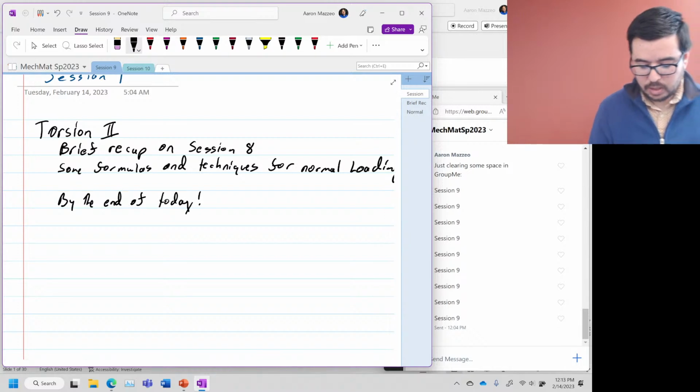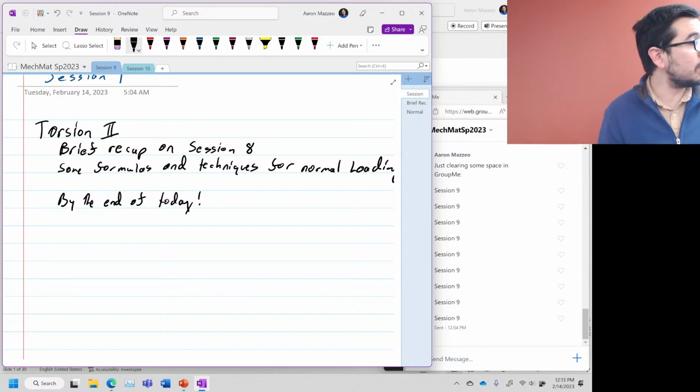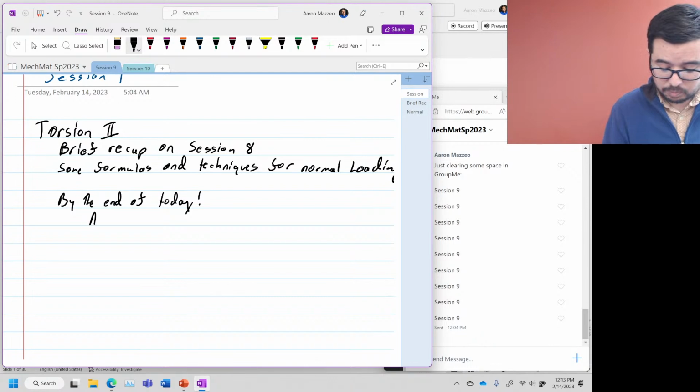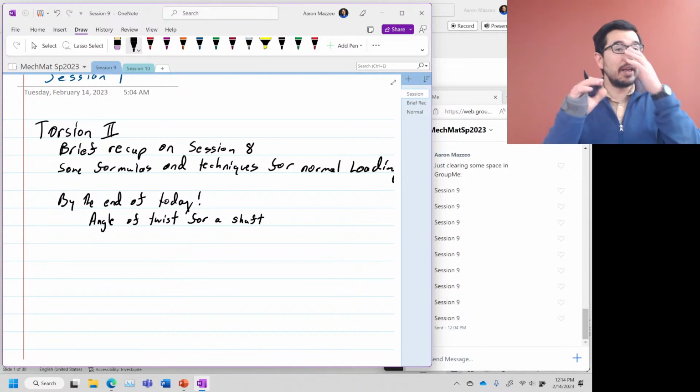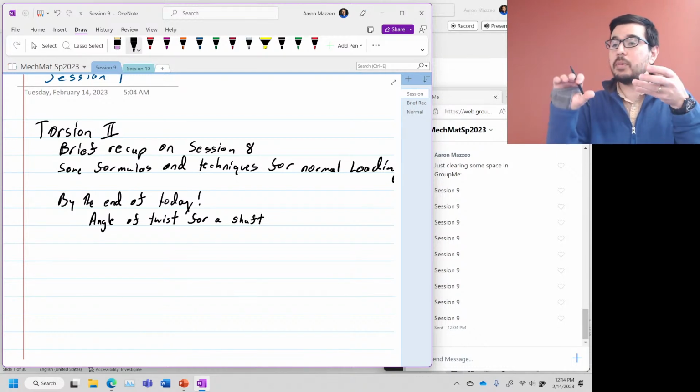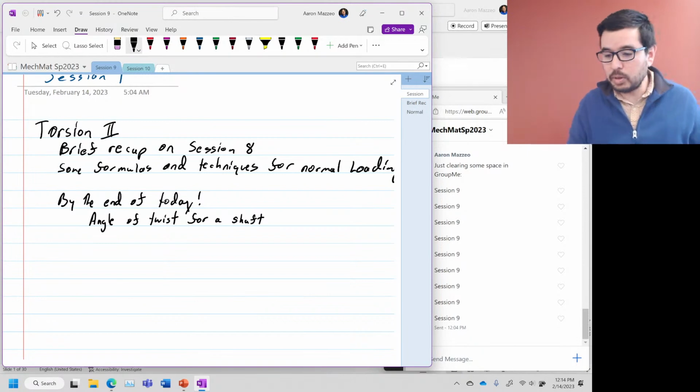We should be able to know something about the angle of twist for a shaft. So how many radians, how many degrees, how much does it twist when we apply torque to it?